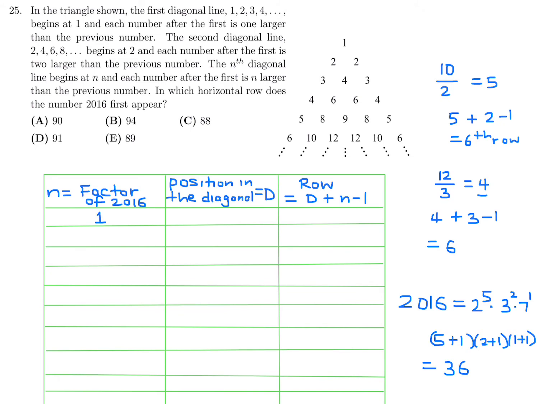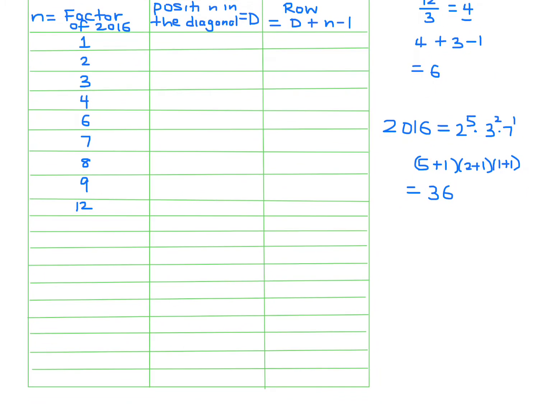So there's 36 factors. So we've got a little bit of work on our hands, but it's okay. Let's start. 1, 2, 3. These are the factors of 2016. 1, 2, 3, 4, 6, 7, 8, 9, 12, 14, 16, 18, 21, 24, 28, 32, 36, 42, 48.